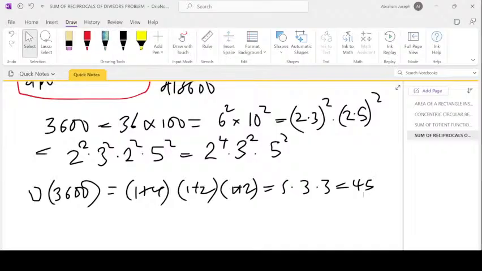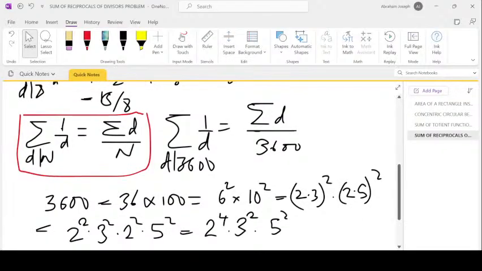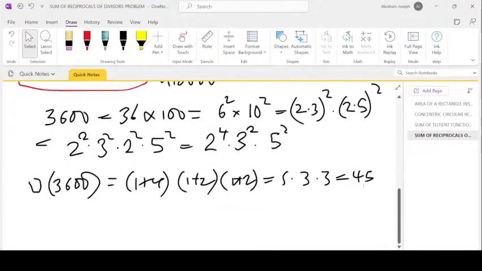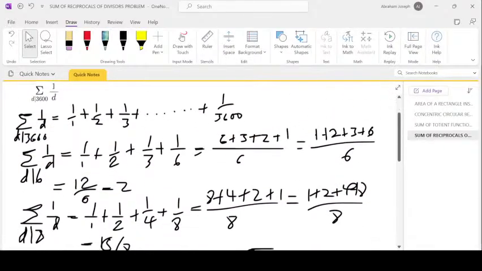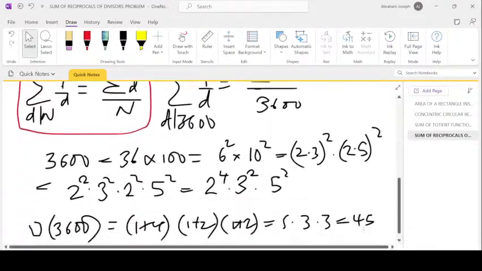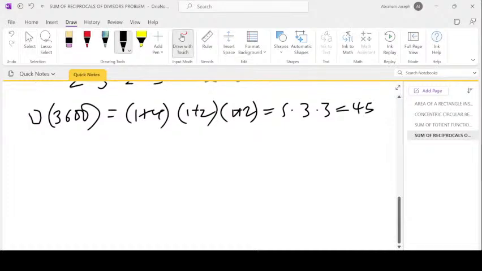So even though we found a nice way to solve this problem, the problem we still have is the numerator. How do we find the sum of divisors? So let's go back to the smaller problem we solved. We got the sum of divisors of 6 to be 1 plus 2 plus 3 plus 6, which we can actually factor.